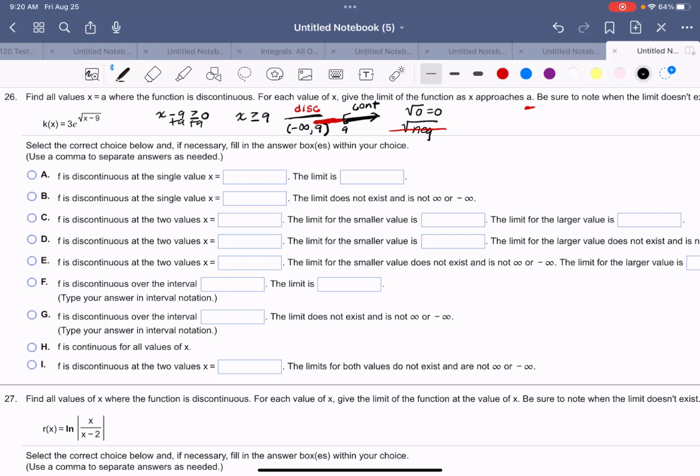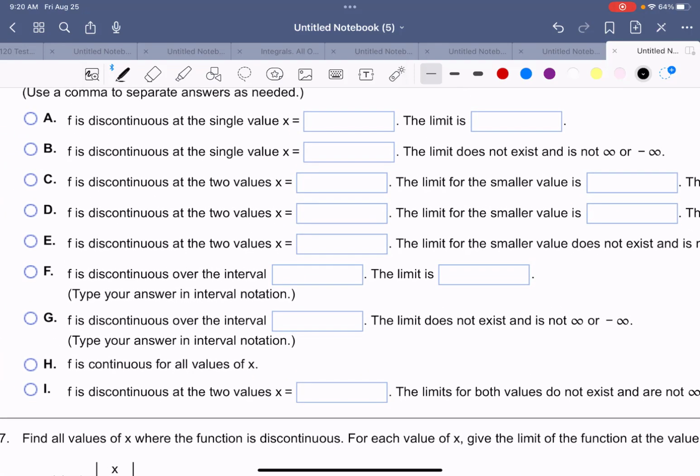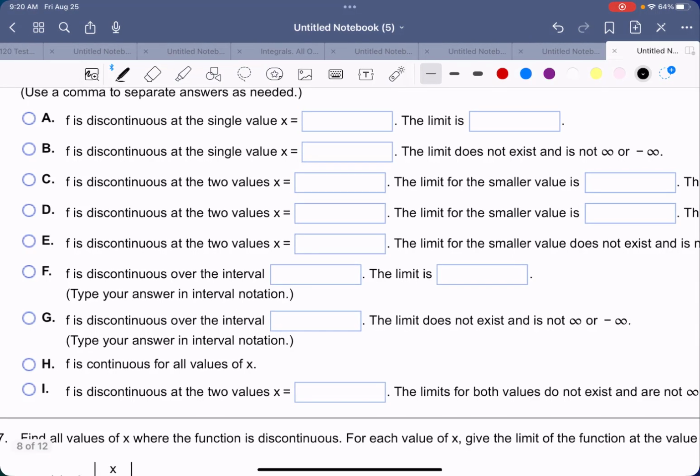So ours is going to have that it doesn't have a limit at all. So looking down at our choices, it's not a single value, it's not two values, it's an interval with no limit. So f is discontinuous on the interval from negative infinity to 9, and the limit does not exist for those values.